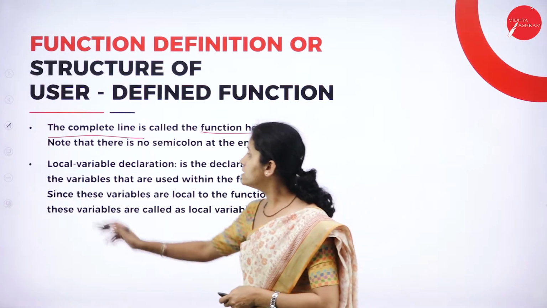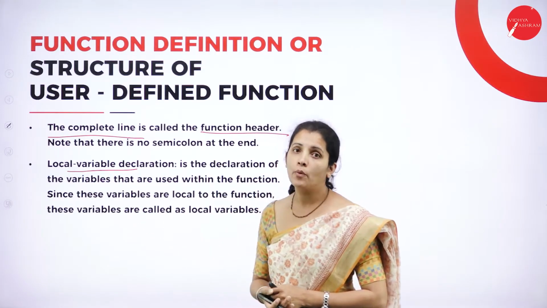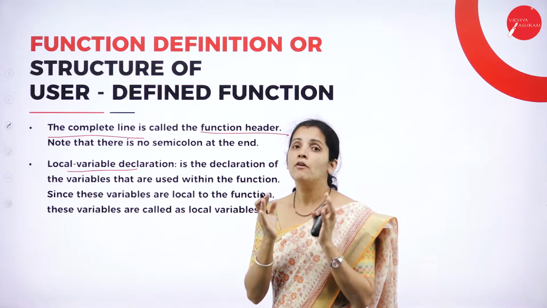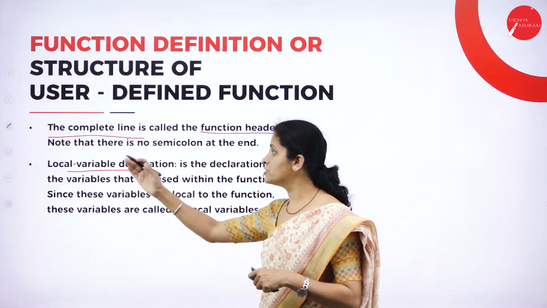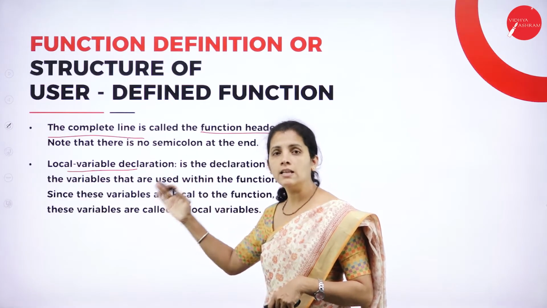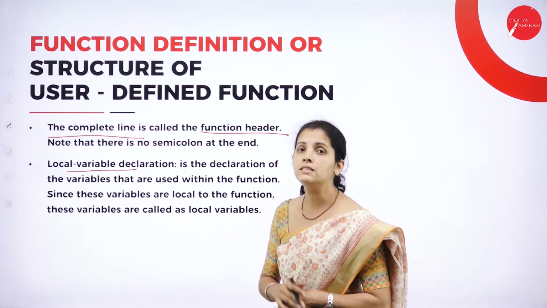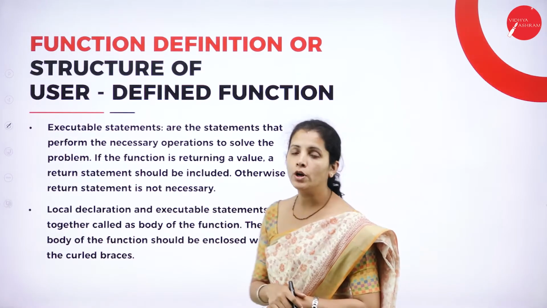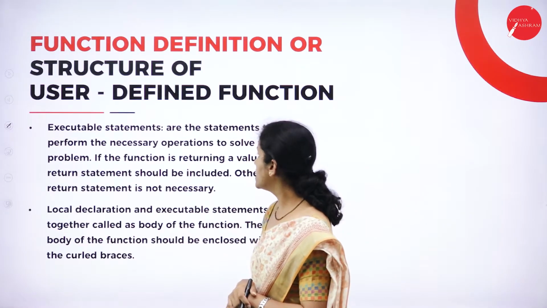And what is a local variable? The variable which is declared in the function is known as a local variable. Then the scope of the variable is within the function. After that, I'm going to have executable statements.